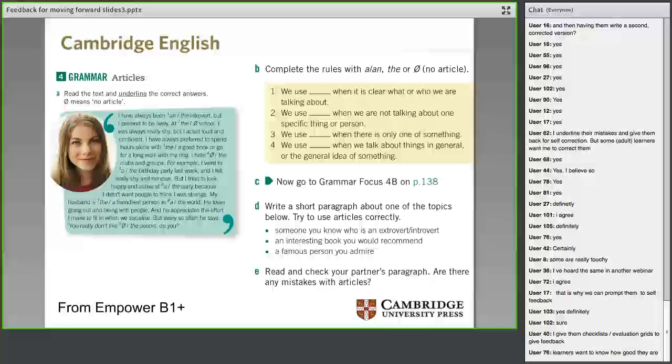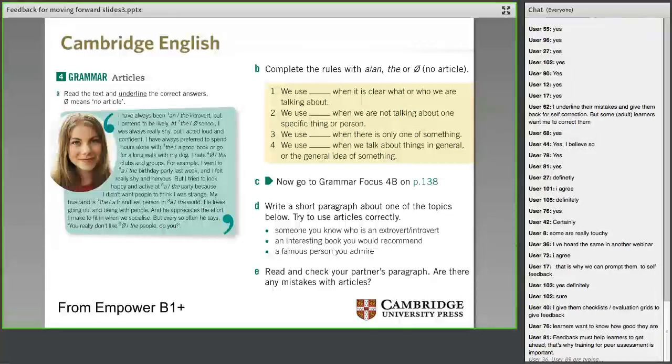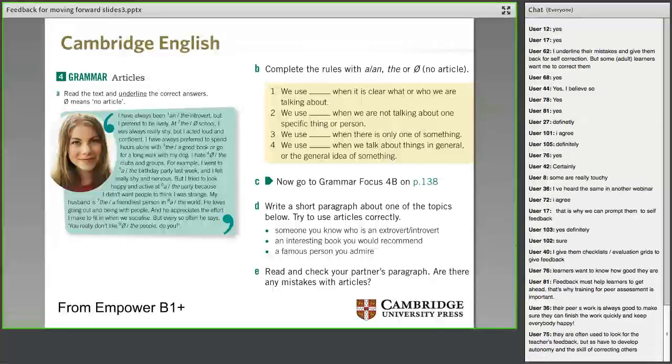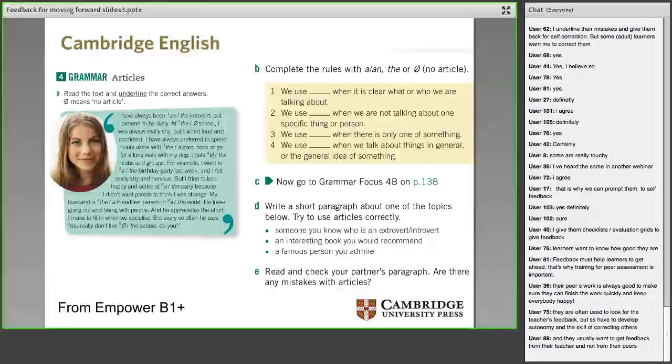But what I want you to look at is D and E. Okay, so in D, they have to write a short article about one of the topics, and notice this next bit, try to use articles correctly. So they're only writing a short paragraph, but they're really focusing themselves on the use of articles.